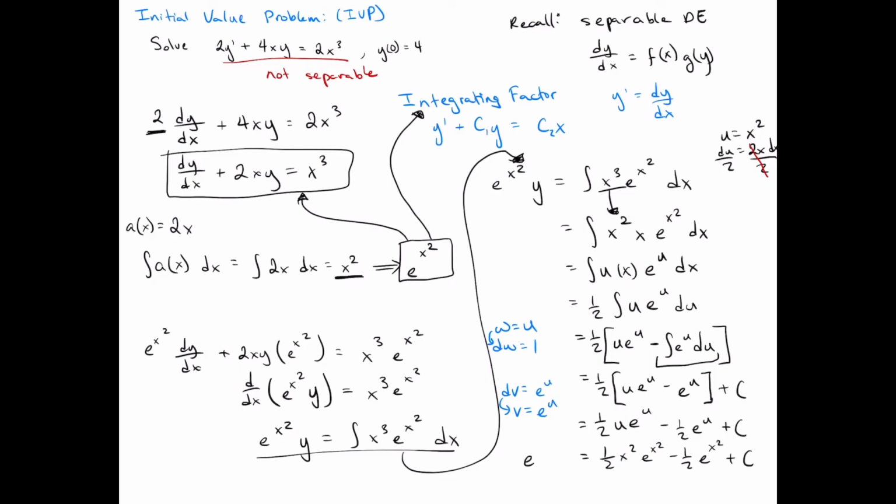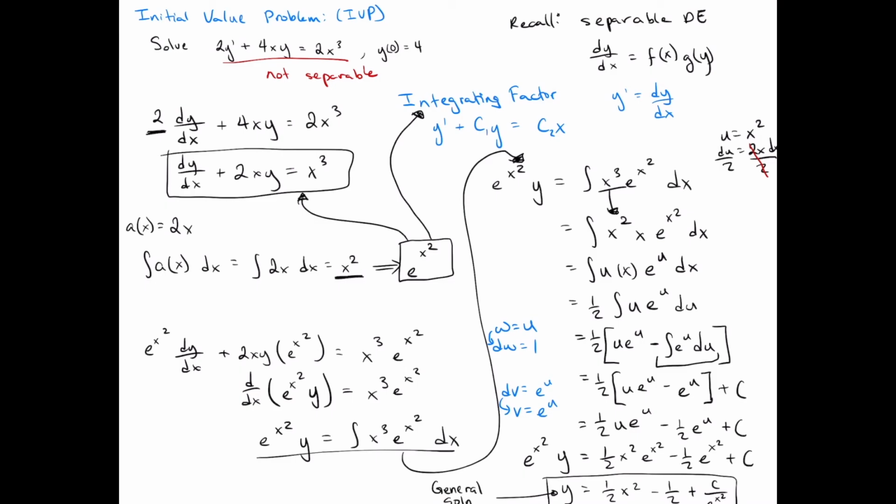So we get e to the x squared times y. Solving for y, we get y is equal to 1/2 x squared minus 1/2 plus c over e to the x squared. So this is our general solution.